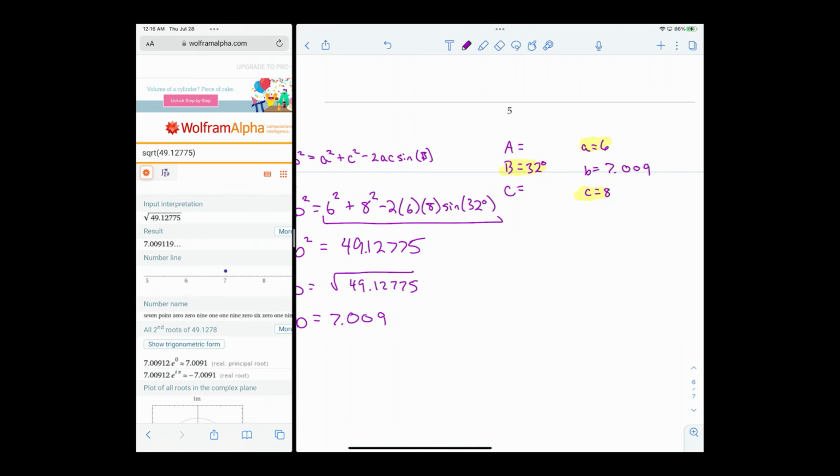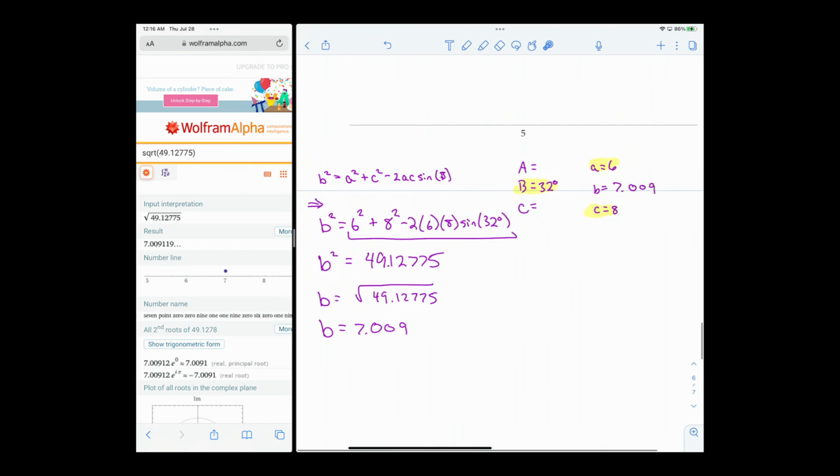7.009. Now, as soon as you have two things that go together, the b and the B, we can use law of sines to calculate the capital A and the capital C. So once you use law of cosines once, then you're going to have two things that go together, and you can switch to using the law of sines, which is simpler.